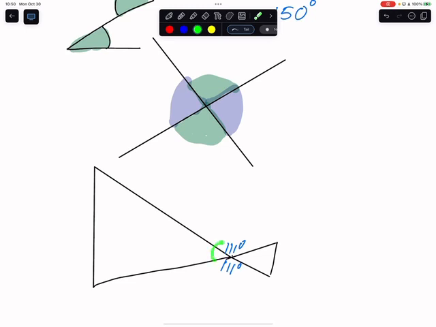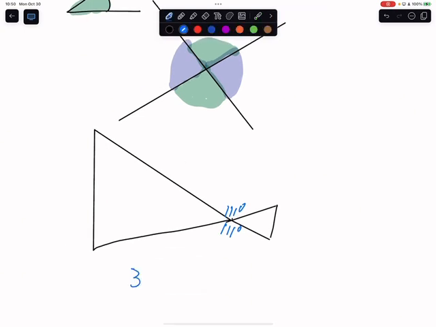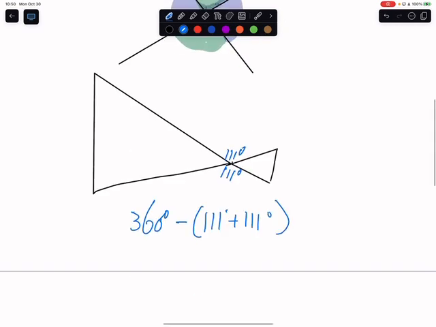And an entire circle is 360 degrees. So, 360 degrees, subtract this, the answer would be 138.